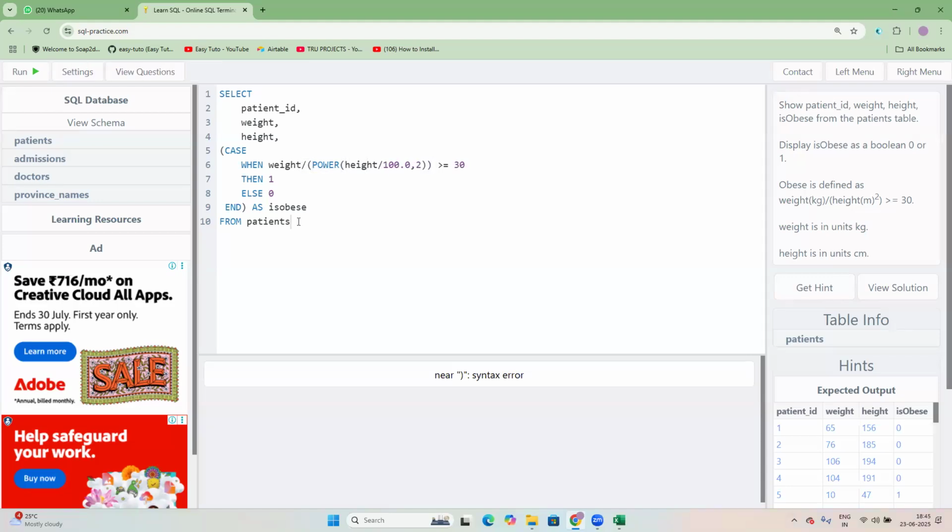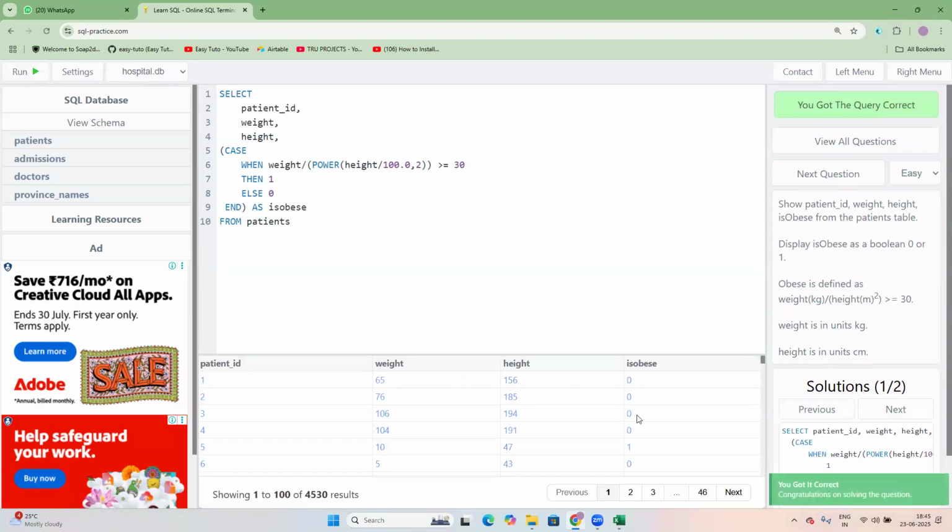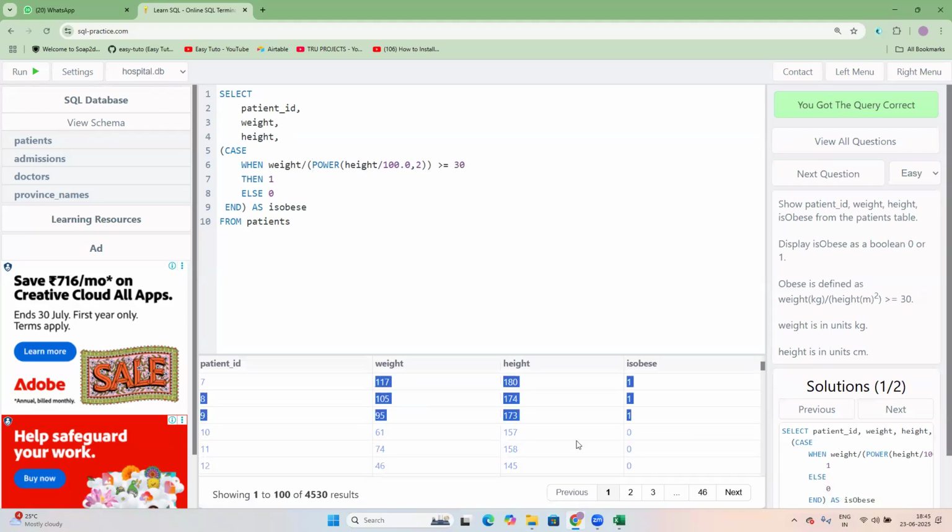Yeah, this makes sense. We were missing this bracket, guys. Now this guy is obese. All right. Understood, everyone? Yes, sir. Easy.